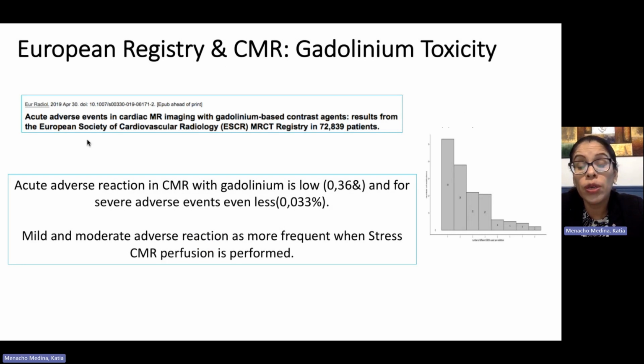Please be careful with late gadolinium enhancement. There are some facts that we need to highlight, and I want to do this very briefly. This is the European Radiology 2019 publication, where they make a statement about the use of contrast agents.